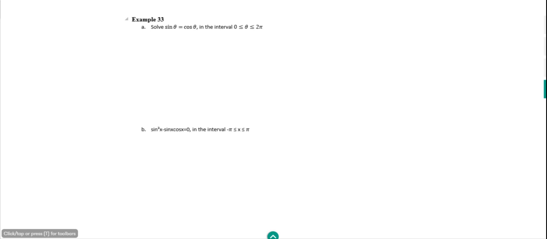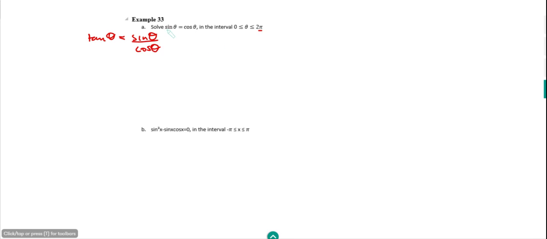For this one, example 33, we've got sine theta equals cos theta, and again we've got to solve it in the interval 0 to 2 pi, and we know we're in radians because we're working in pi. So what we can do is use the identity that tan theta is equal to sine theta over cos theta. This is a very useful identity and it should be becoming familiar now.